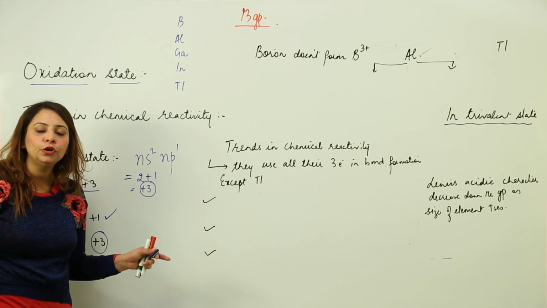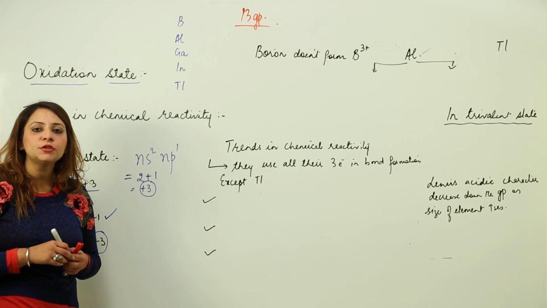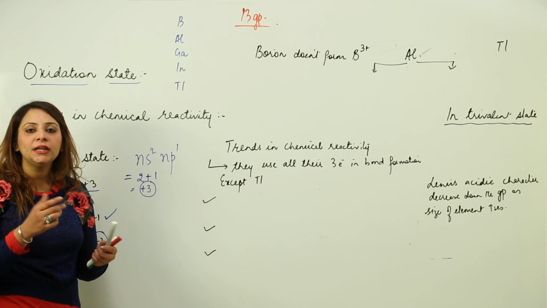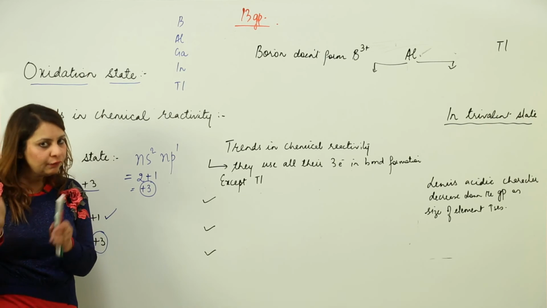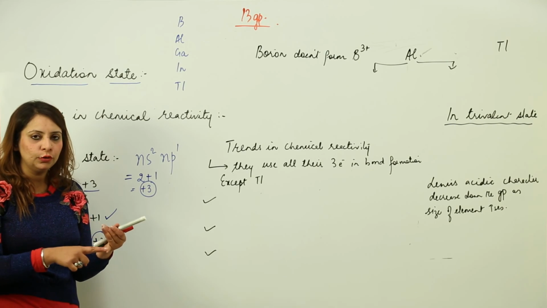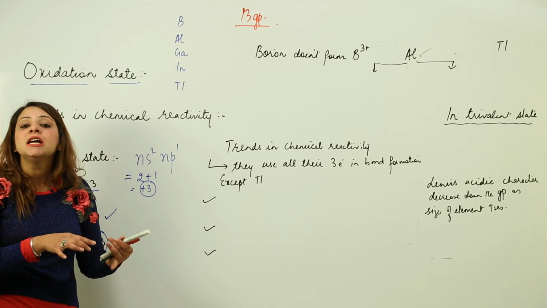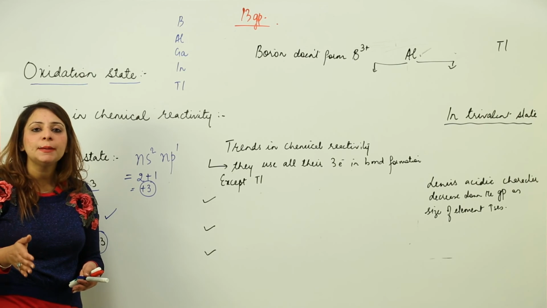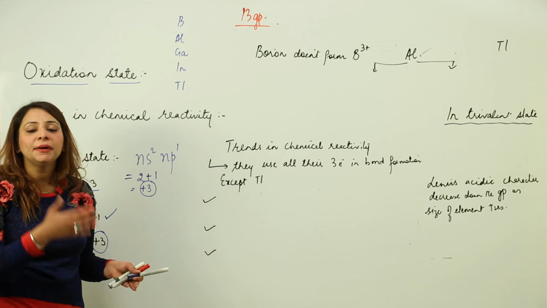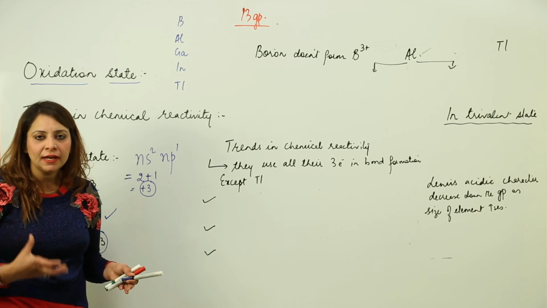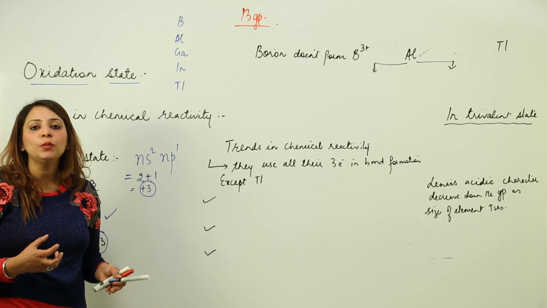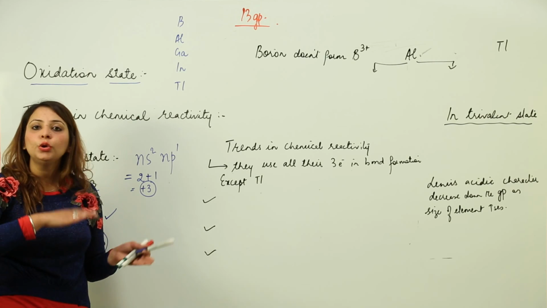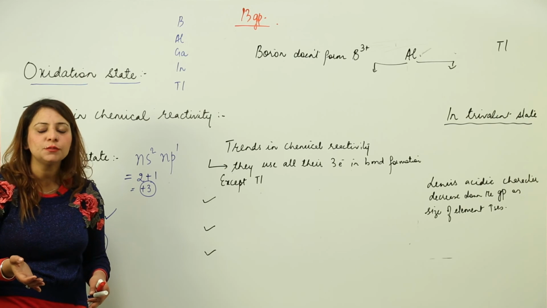We discussed before in the general properties of the p block that for the 13, 14 and 15 groups, that means the boron family, carbon family and nitrogen family, the group oxidation state is stable for the lighter elements, but as we come across the heavier elements, the oxidation state which is 2 units less than the group oxidation state is more stable.